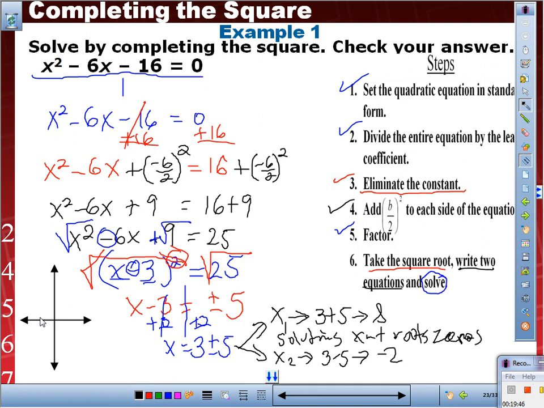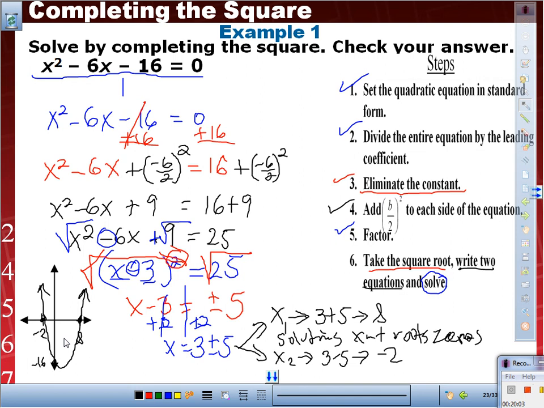Negative 2 and 8. Negative 2, 8. What is my y-intercept? Negative 16. Something like that. Yes? Okay.